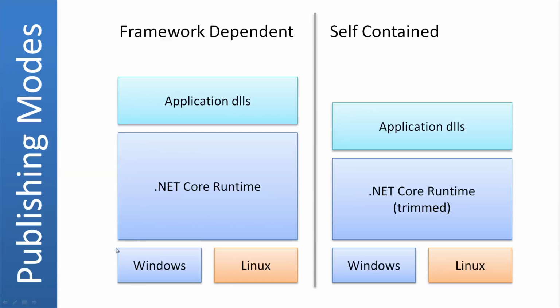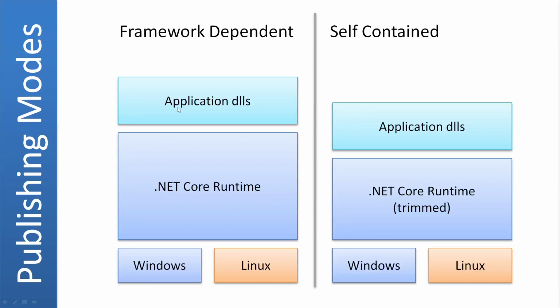Here we would like to run our application on both Windows and Linux. The prerequisite for framework dependent publish mode is that you need to install the .NET Core runtime on the respective operating system. So we will be bundling only the application DLLs on an operating system where the .NET Core runtime is installed, so that our applications will run.